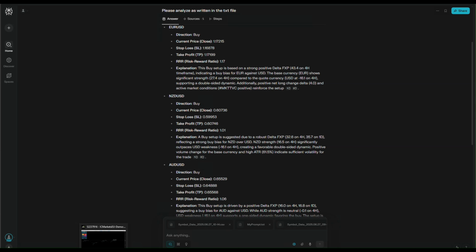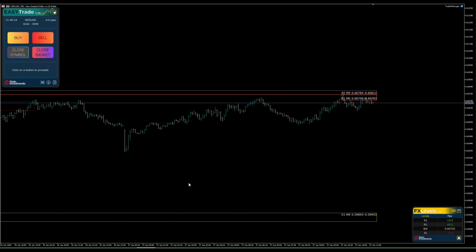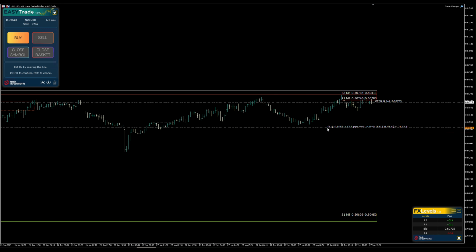So this is an excellent example of why you have to check what the AI provides you, because this risk reward ratio is definitely wrong. We'll trade it anyway just to see if it does it right on the direction, and it's possible that this resistance will be broken during the day.